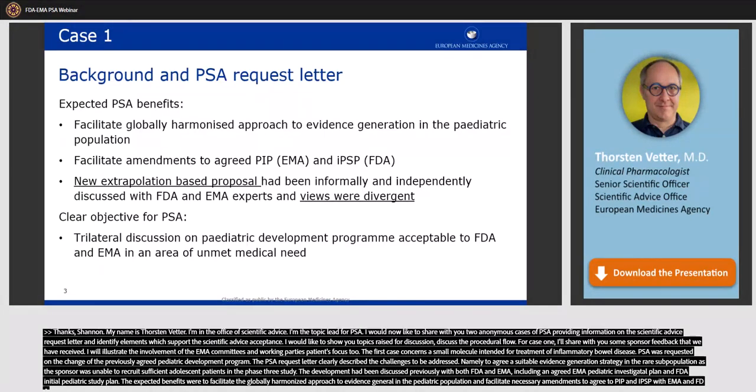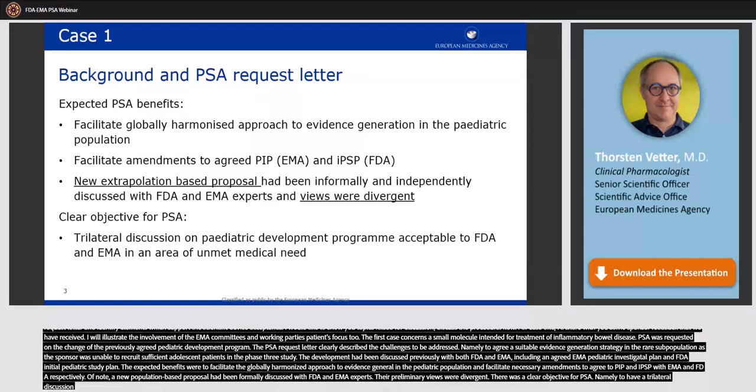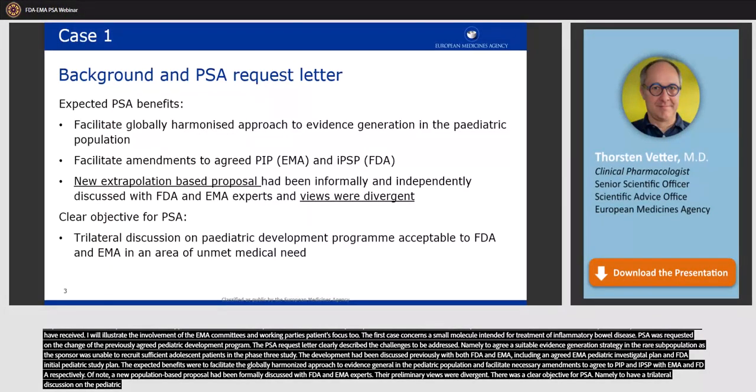Of note, a new extrapolation-based proposal had been informally discussed with FDA and EMA pediatric experts, and their preliminary views were divergent. So there was a clear objective for PSA, namely to have a trilateral discussion on a pediatric development program which could be acceptable to FDA and EMA in an area of unmet medical need.